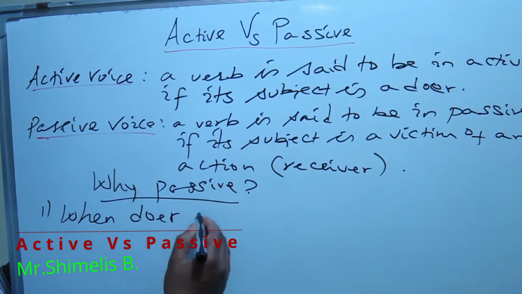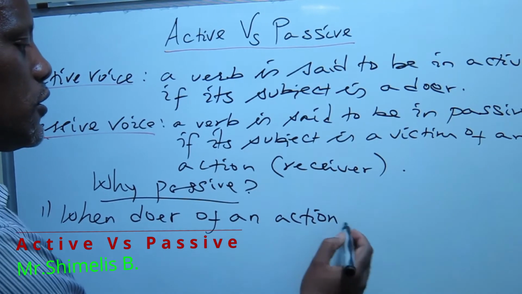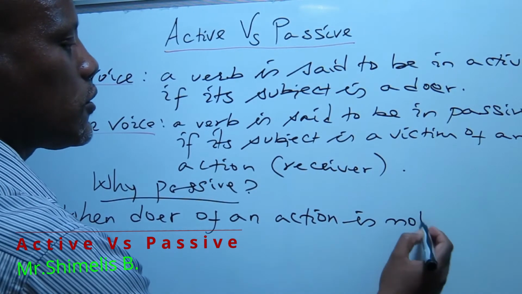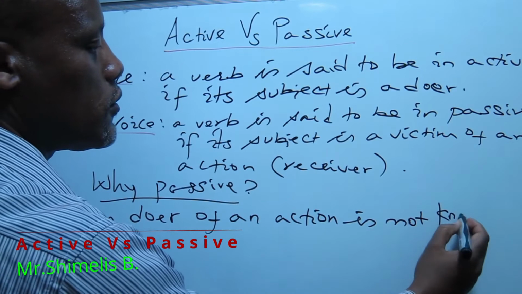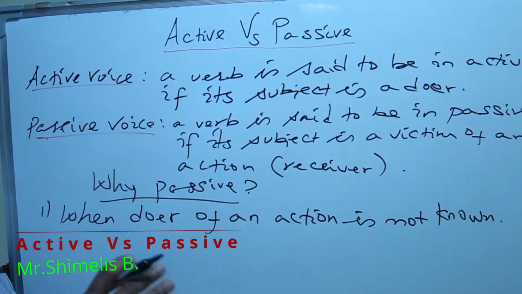We use the passive form of verbs, not active, because we have no option but to express what is done, because we don't know who does the action.